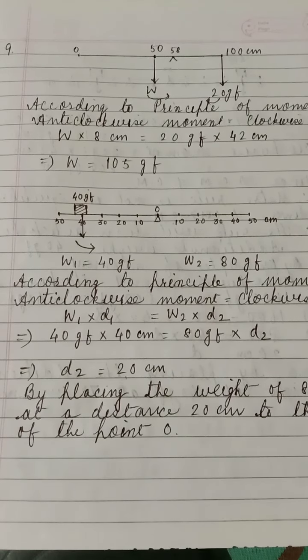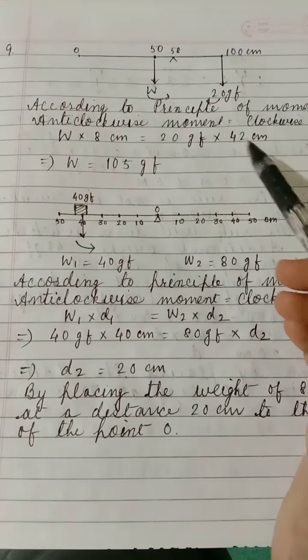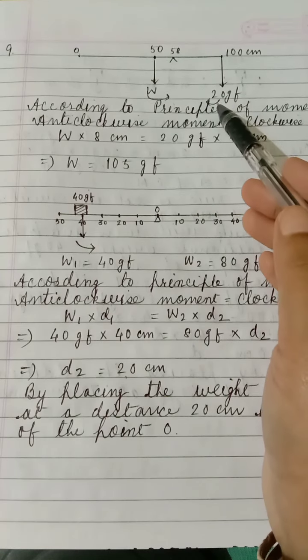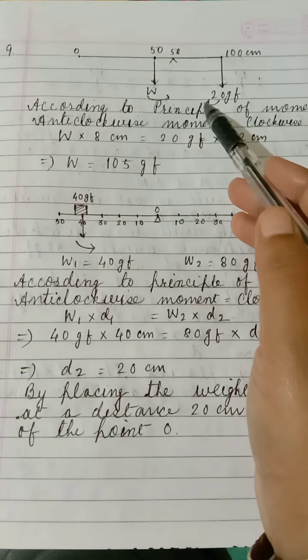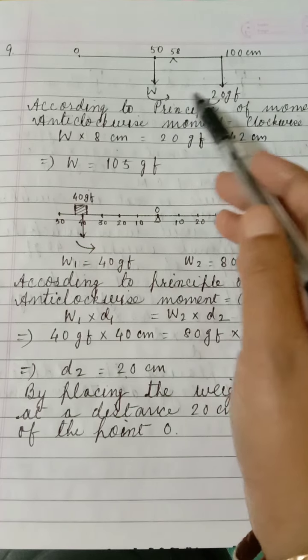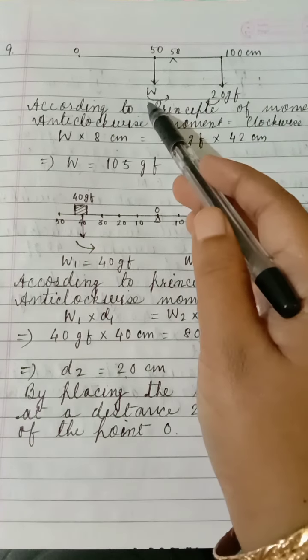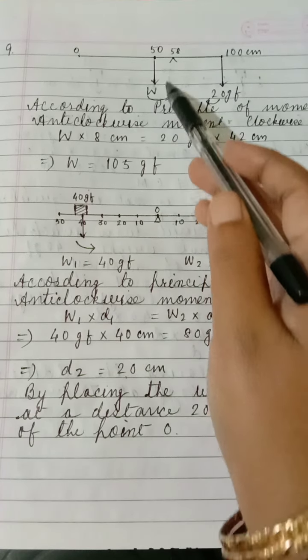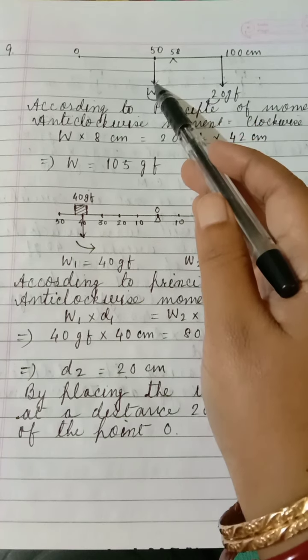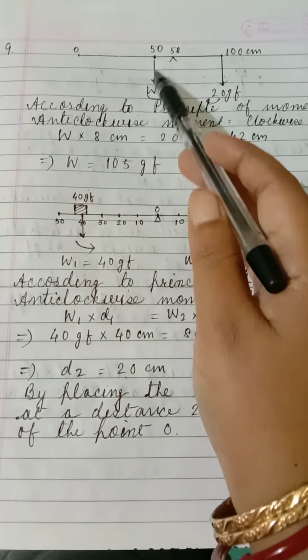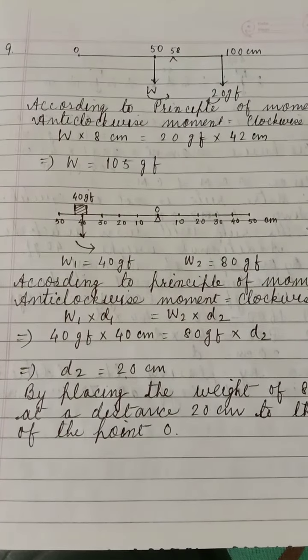Draw a diagram of the arrangement. So this is the diagram of the arrangement. On this side, the weight will be in the anti-clockwise direction, this will be in the clockwise direction. And the whole weight of the meter rule will be acting from the 50 centimeter mark.